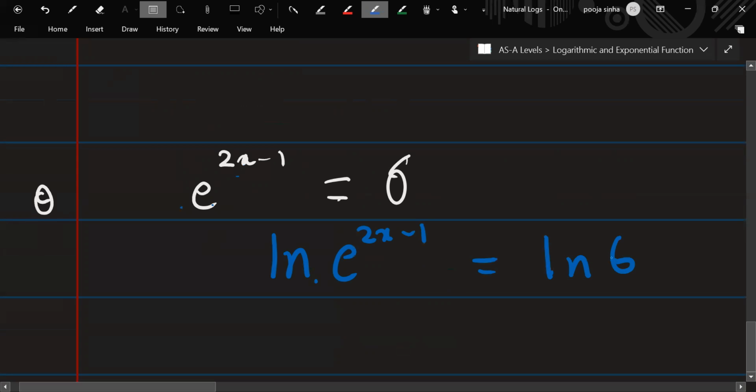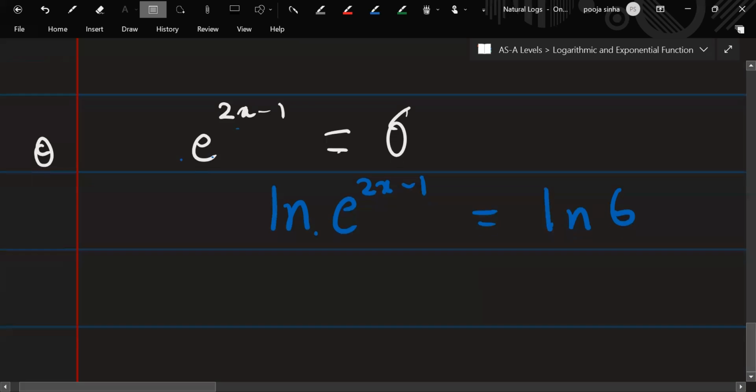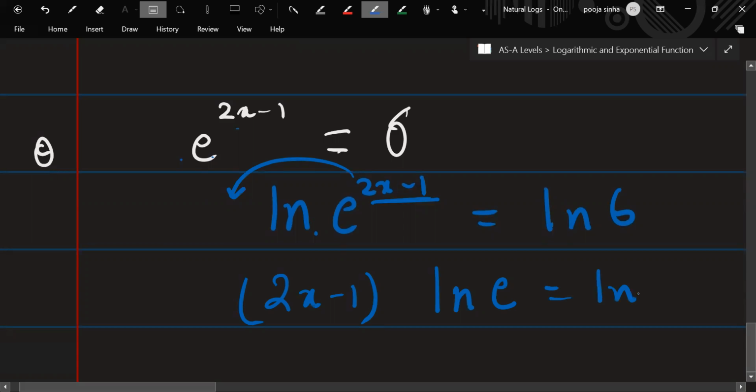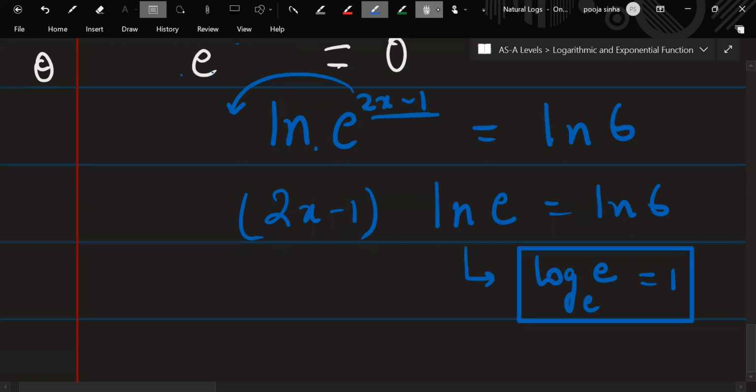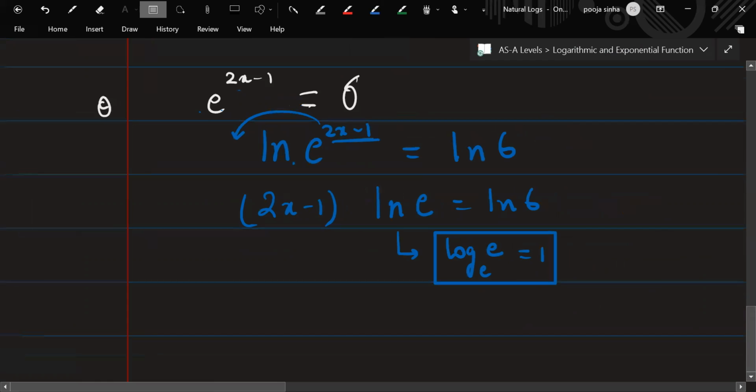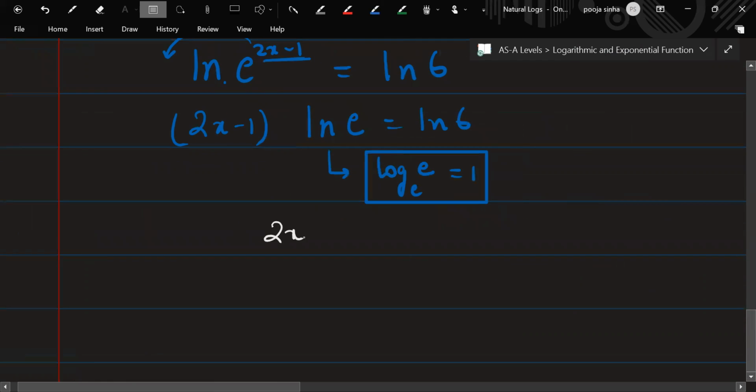Log to the base e. The moment I do this, this 2x minus 1 will jump down. So it becomes 2x minus 1, and I'm only left with ln of e is equal to ln of 6. ln of e is nothing but log to the base e of e, which should be equal to 1. Got the point now? So which means 2x minus 1 is equal to ln 6.